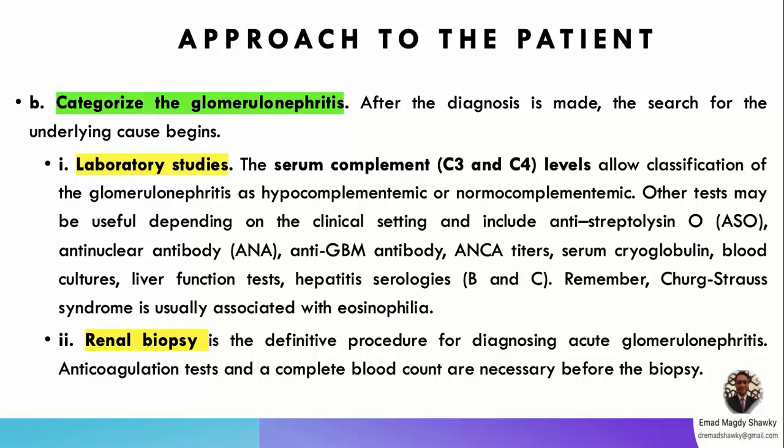But we should know that it's an invasive maneuver, and the blood pressure of the patient should be controlled, and the anticoagulation tests, complete blood count, normal platelet count, normal bleeding time, normal clotting time, so as not to endanger my patient. But the renal biopsy will help me to see the changes I told you about in the photos, and will help me to differentiate between the immune complex disease and the post-immune disease.